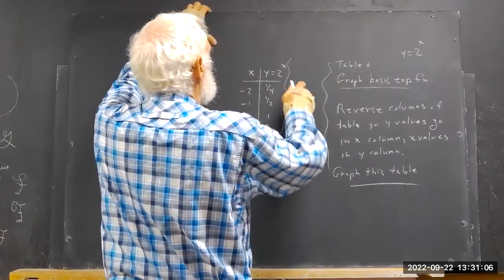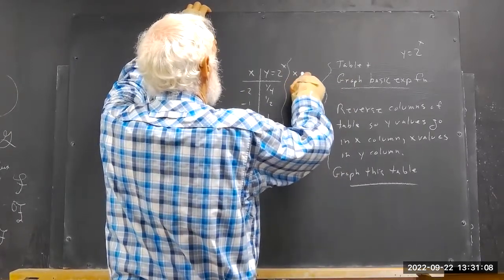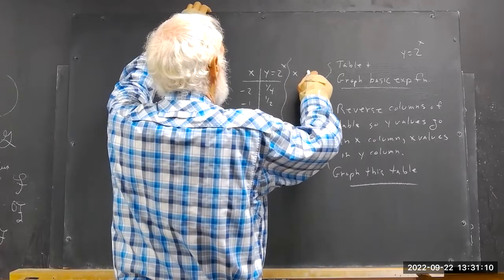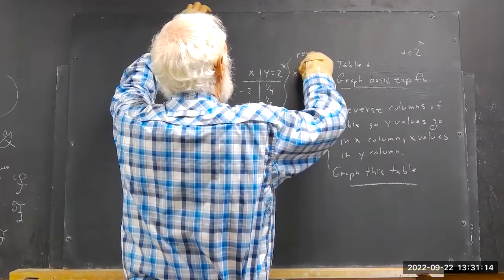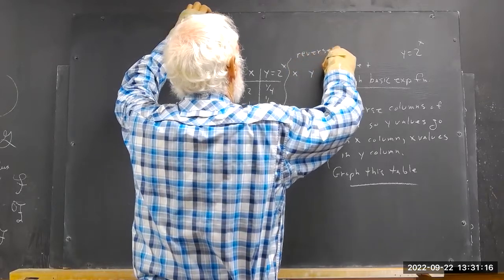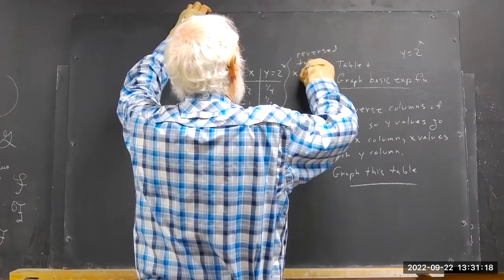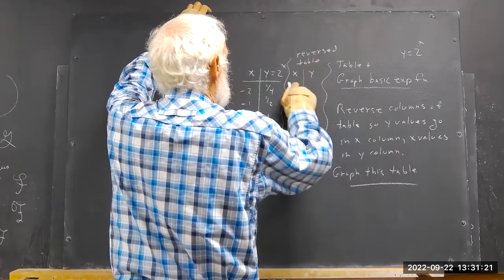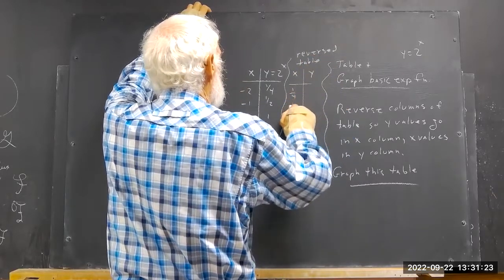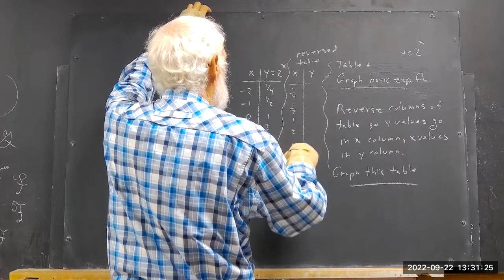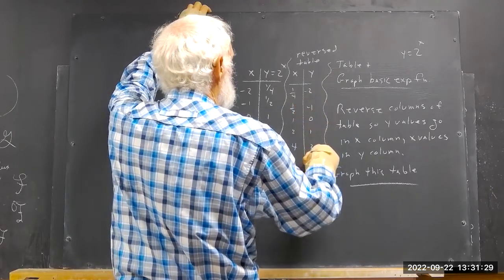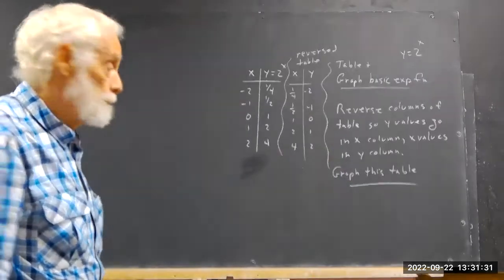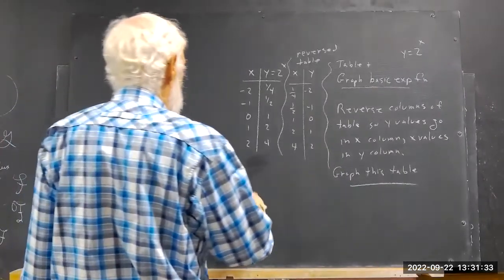And well, if we reverse, the reverse table is going to have your 1/4, 1/2, 1, 2, 4 here, and your -2, -1, 0, 1, 2 here. Now, the graph.